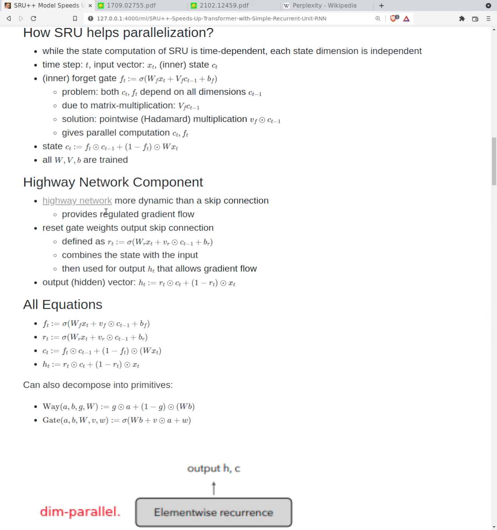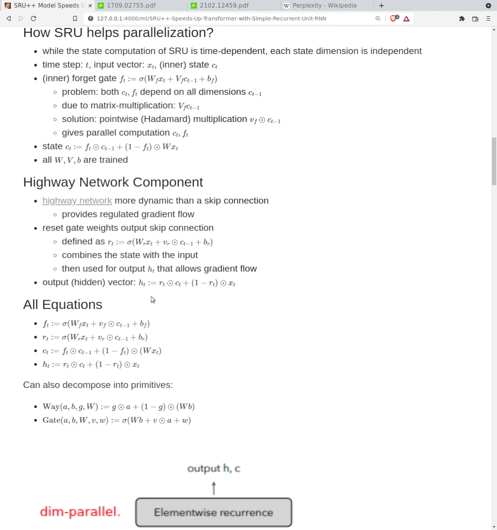The highway network actually uses a reset gate. It's like the forget gate in the previous step. But this reset gate is used such that you always take the input, which is to skip, to flow almost directly, and you add it to this inner state, which comes from the neural network. And instead of just summing them up, you multiply both, sort of inversely, right?